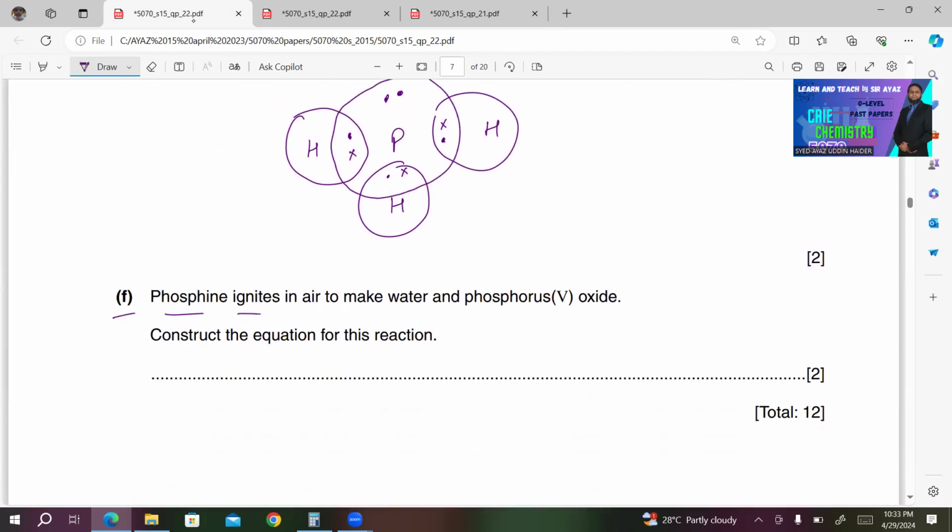F. Phosphine ignites in air to make water and phosphorus 5 oxide. Construct the equation for this reaction.